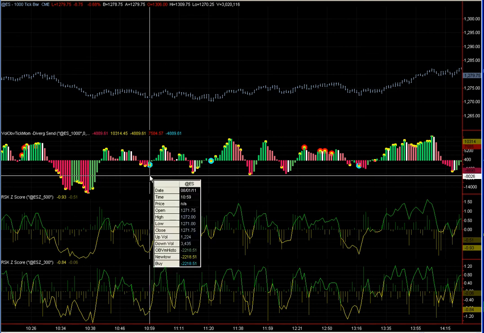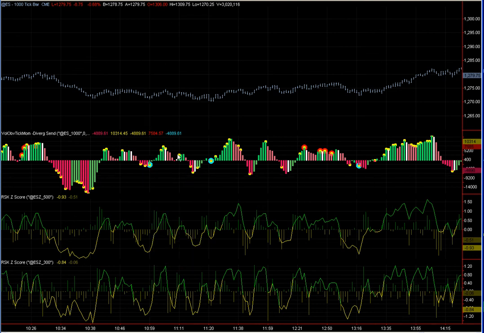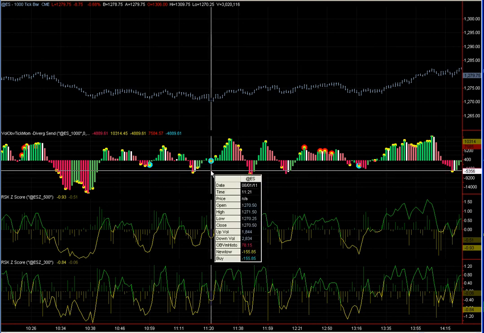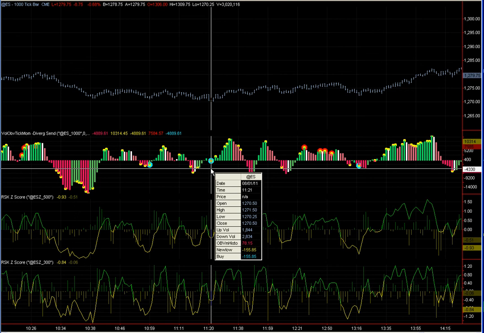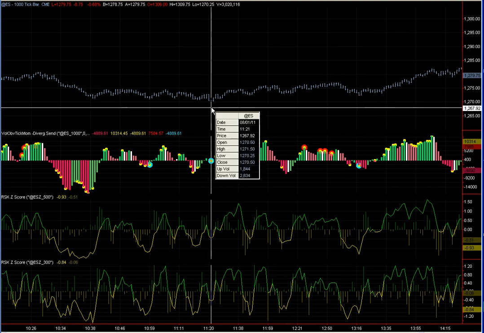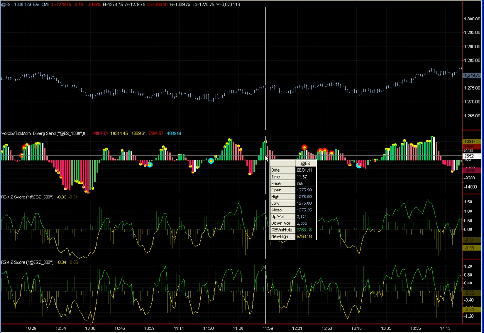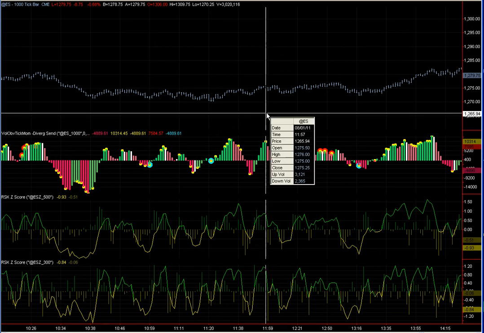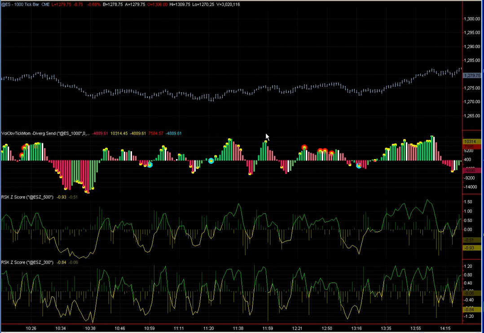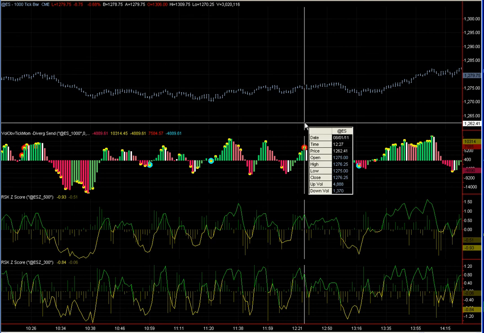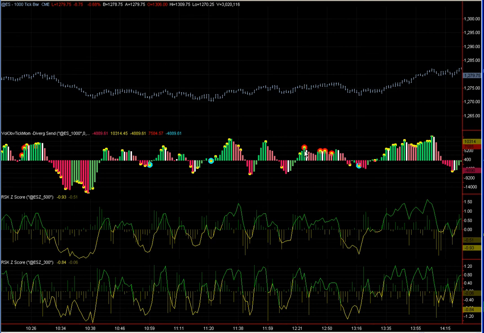We've saved this number. We've gone through another cycle, and we had another brief divergence right over here. The Spoos move up, and we're recording the high of the Spoos. We're recording the volume. If the Spoos move higher but the volume is less, that's a divergence.